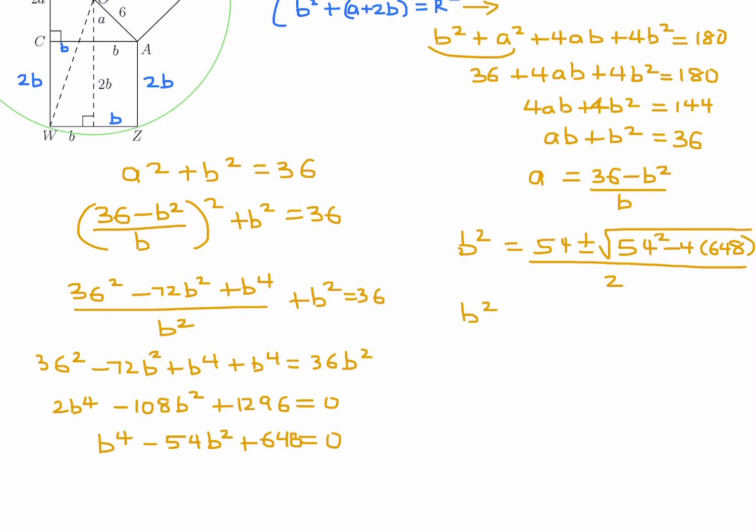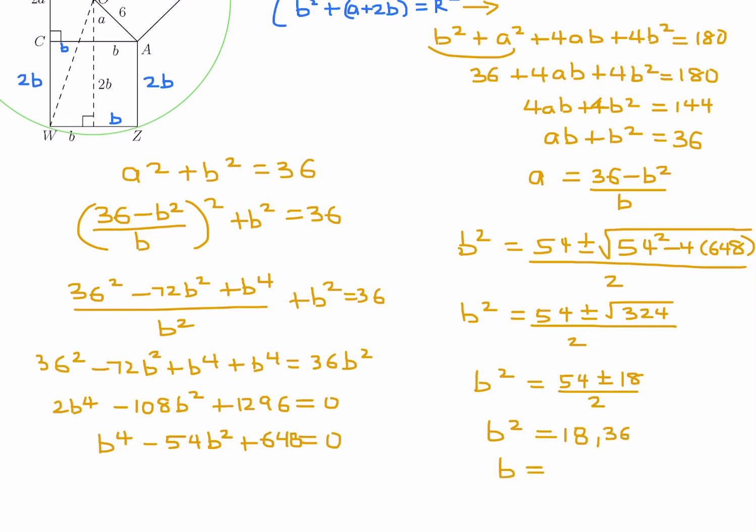And therefore B squared, if you do the math here, will be 54 plus or minus 18 divided by 2. And that gives me B squared is equal to either 18 or 36. So B is either 3 root 2 or 6.